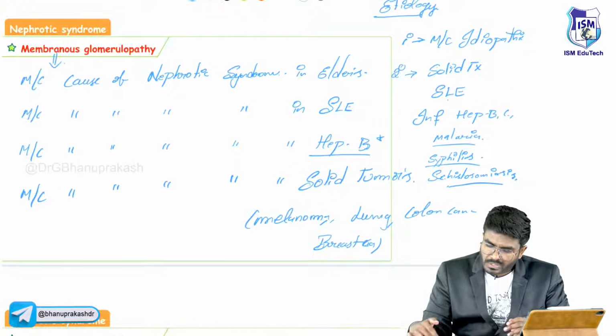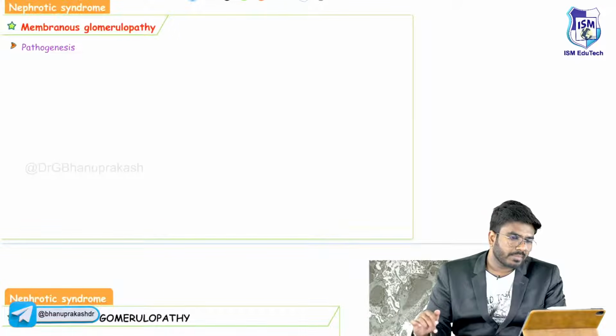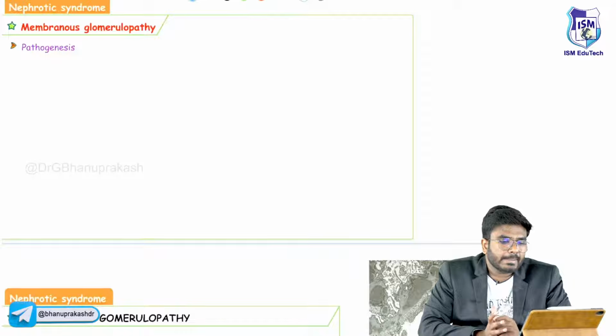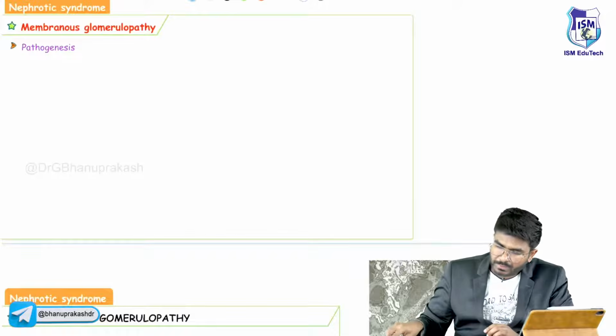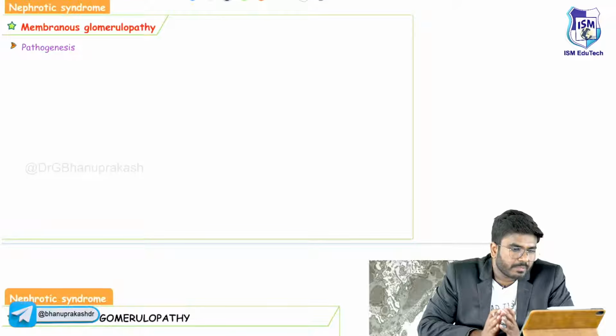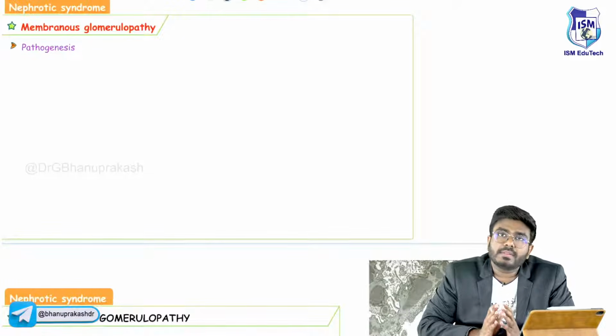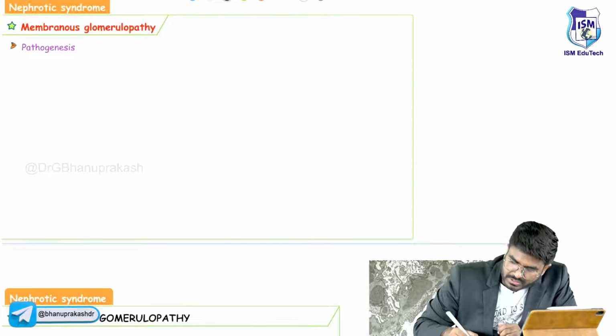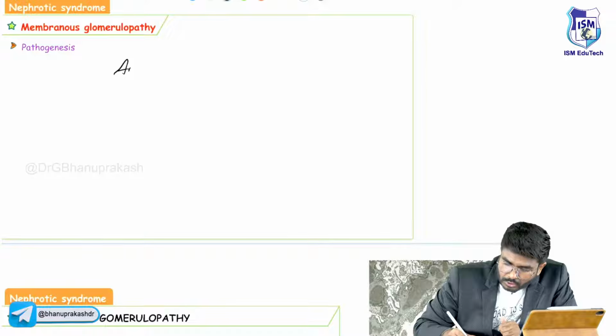True. Now, what's the problem in this membranous glomerulopathy? See, here the problem is, let me write one by one, you will understand. These patients produce autoantibodies. First, it's an autoimmune thing.